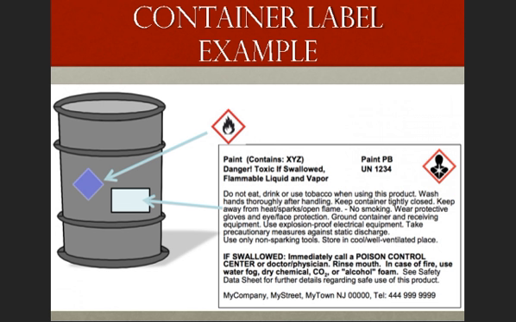In this example, we can see a 55-gallon drum on the screen where a large pictogram and the label are located. Because the chemical in this 55-gallon drum presents the primary physical hazard of flammability, the pictogram denoting the flame is larger than the label so that it can be clearly visible to those working in the area.